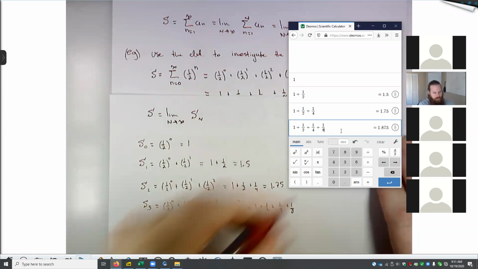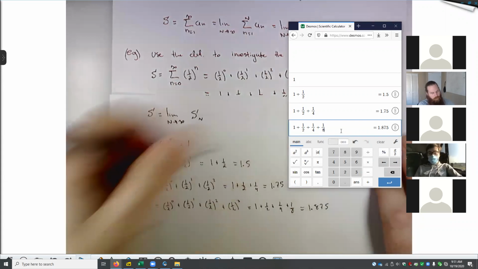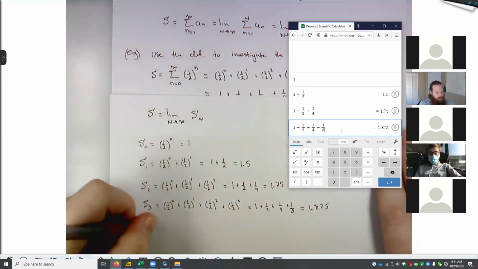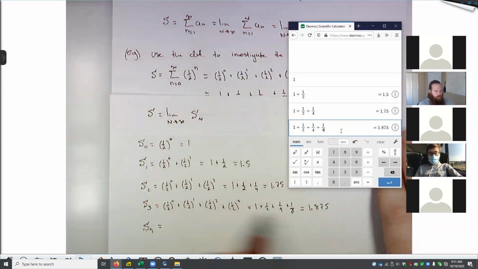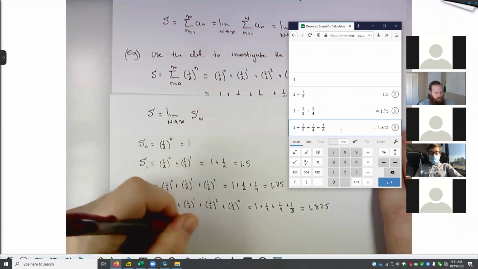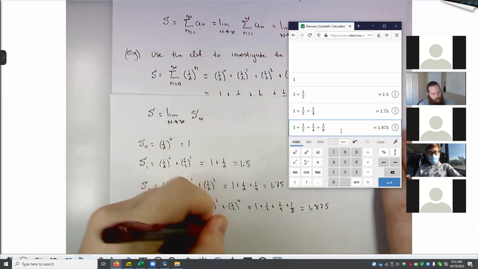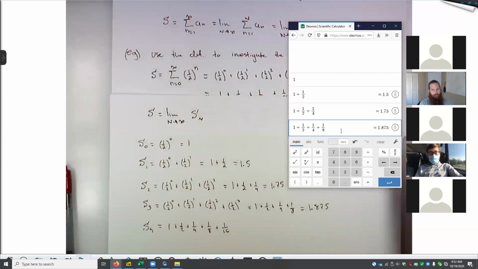This is 1.875. Let's do another few. So S4, I'm going to skip writing it like this and just write it like this. That's going to be 1 plus 1/2 plus 1/4 plus 1/8 plus the next term is 1/2 to the 4, or 1/16.